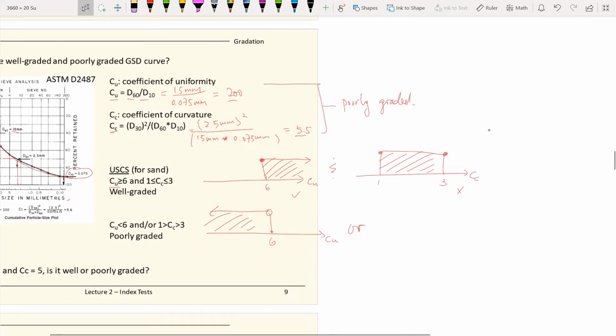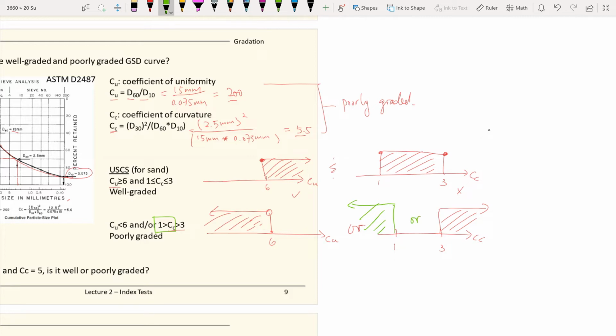You don't need to fulfill all the conditions for it to be poorly graded. So it will be the case outside of 1 and 3, meaning C sub C greater than 3, or the other part here, C sub C less than 1. So this is our OR case.